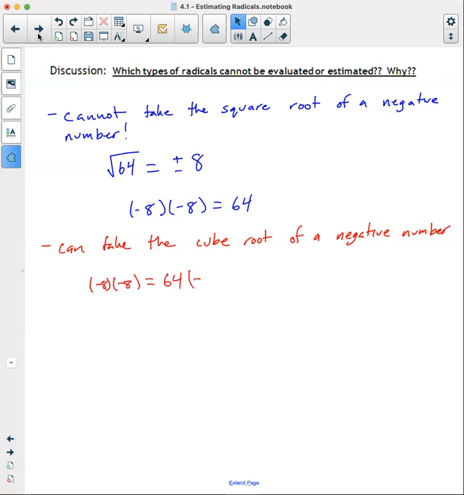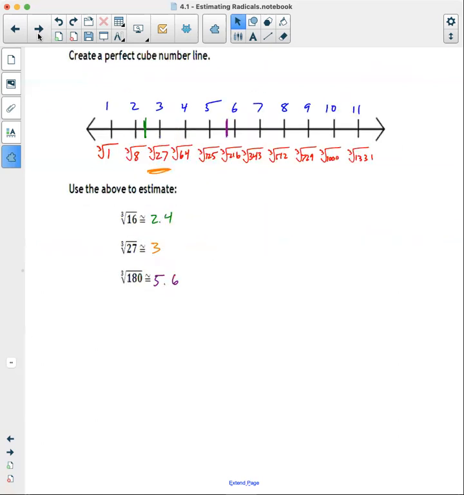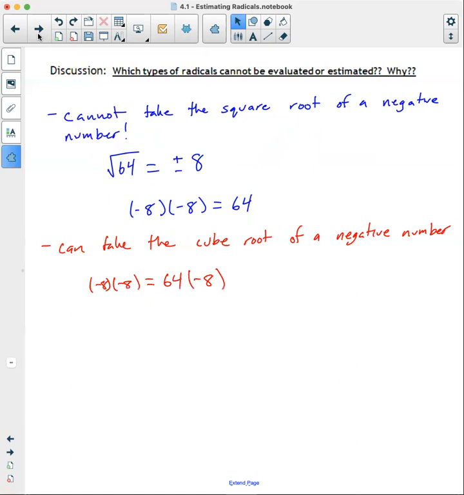And then don't forget you have to times that by negative 8 one more time. So 512. Negative 512. Okay. So the cube root of negative 512 is equal to negative 8. Because if we multiply a negative number by itself 3 times, it will become negative again.